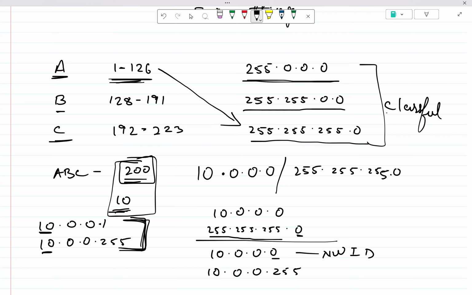When you break the classful address mask rule, it is called a classless IP address. It does not have a class, where the address mask and the class of the IP address do not match. Just like here, this is a class A IP address, but I'm using a class C address mask, and hence it is called a classless IP.